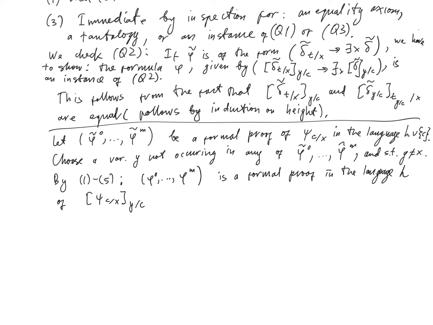And now this formula is, of course, equal to the formula psi with y substituting x, and this holds by our earlier discussion of the simultaneous substitution behaving like naive substitution in the situation when there's no conflict of variables, when the variable doesn't occur in the term.